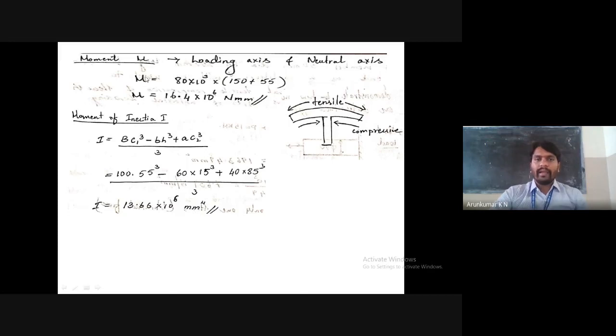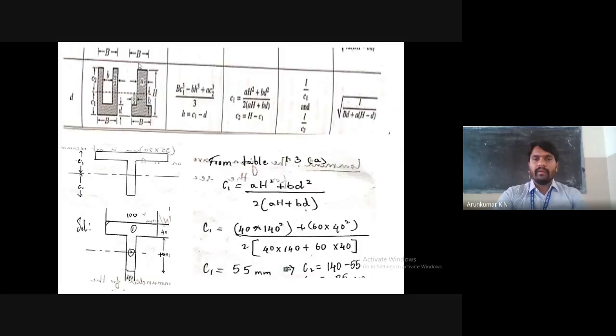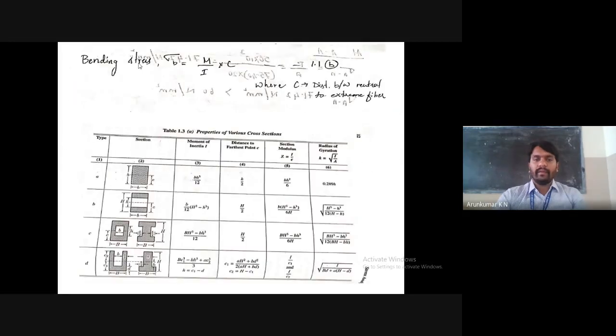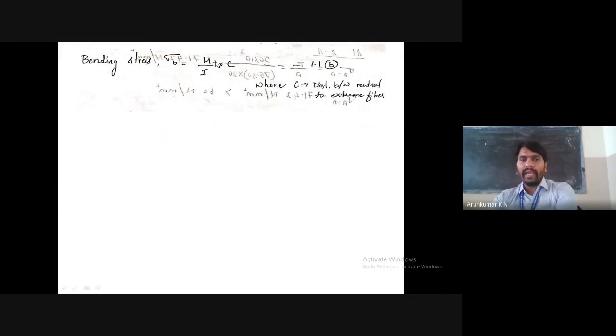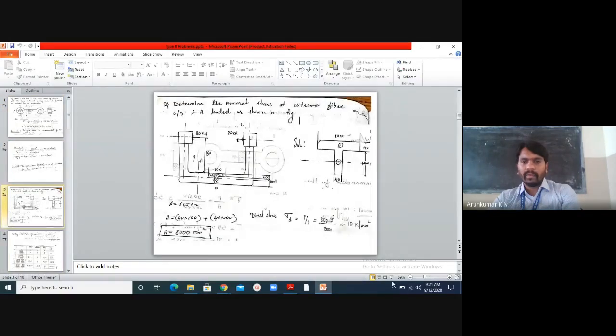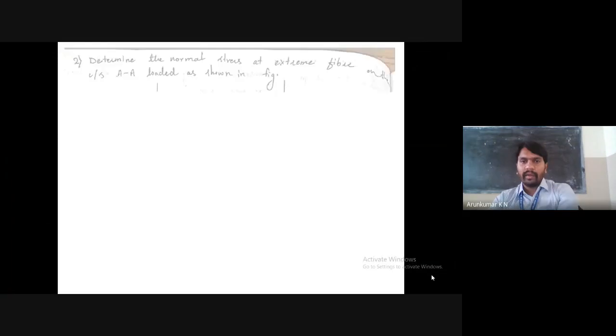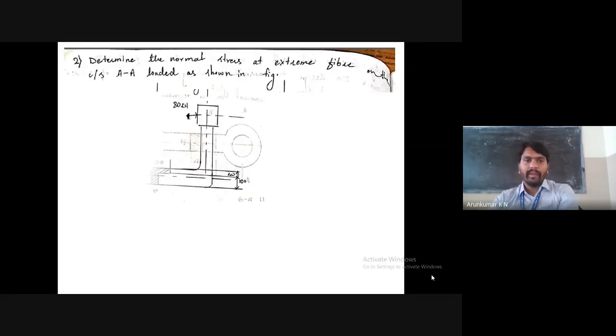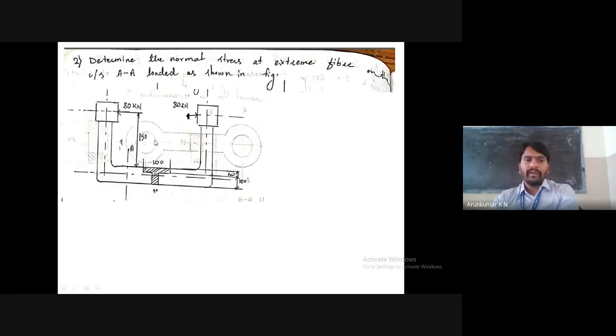Clear? And coming to the moment. We got I and C. We need to calculate the moment. To calculate the moment, I need to understand the figure. The moment means the load into perpendicular distance.